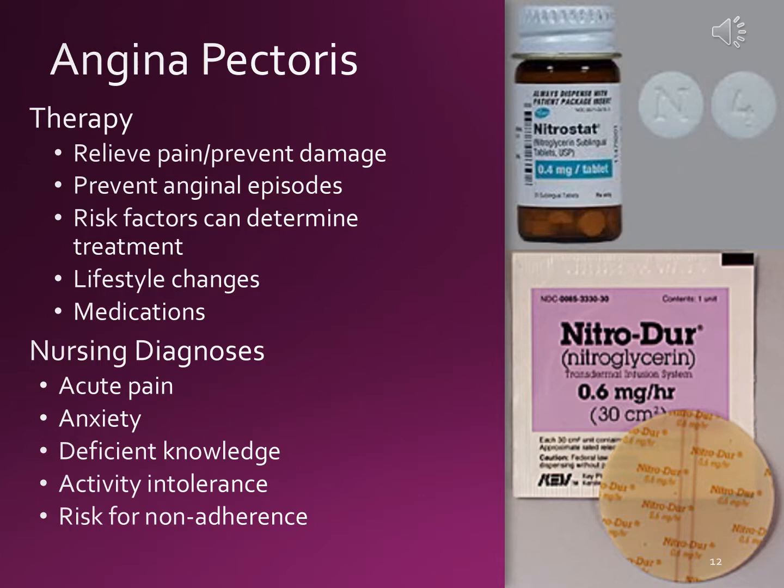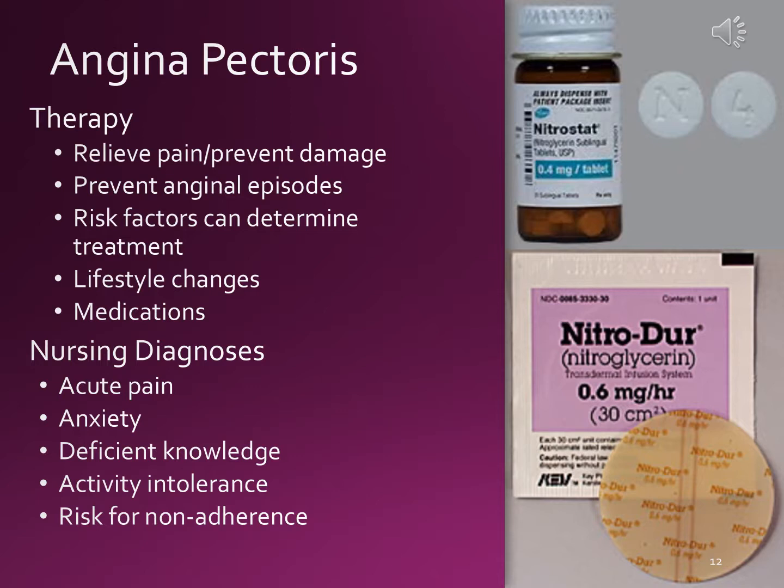So you're looking at some lifestyle changes, and then also medications, which are usually nitrates, which will dilate the coronary arteries. You've got a picture of Nitrostat, which is a sublingual nitroglycerin tablet here, and then Nitrodur, which is a nitroglycerin patch for longer term treatment here.